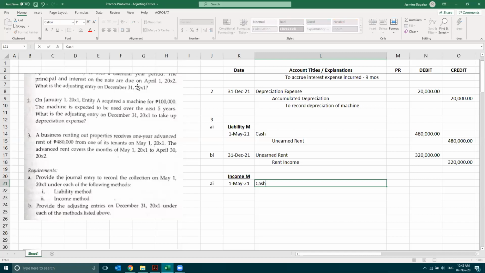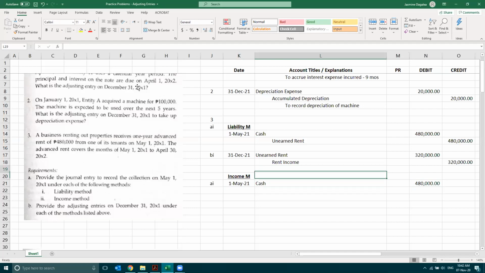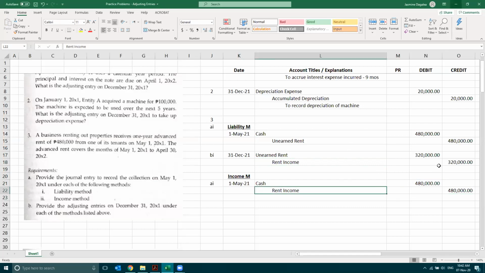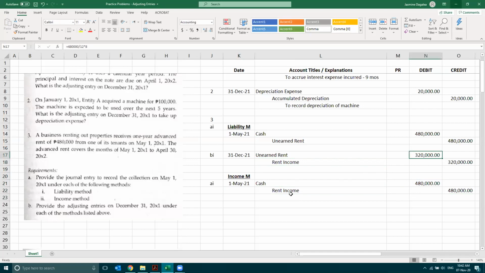Same: cash, 480,000. And your credit under income method is rent income. You credit rent income right away. But the rent income actually earned is only 320,000.